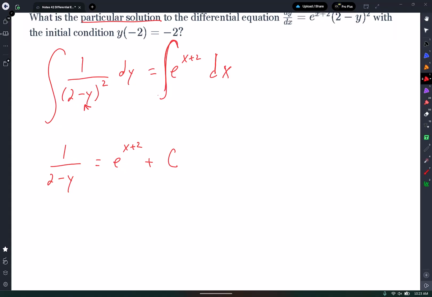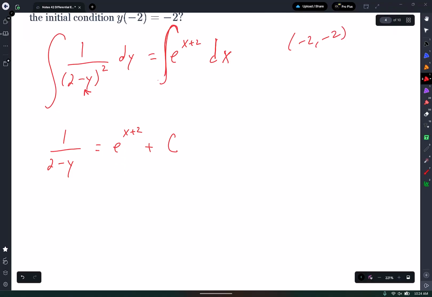I like to solve for c right here because I think it would be a pain if you make a mistake and then you get the wrong c. But at least here you get the right c if you get it. I don't see any issues right now. I guess they're being nice. Negative 2, they're both the same. So here we go. 1 over 2 minus a negative 2, that's going to be a fourth.